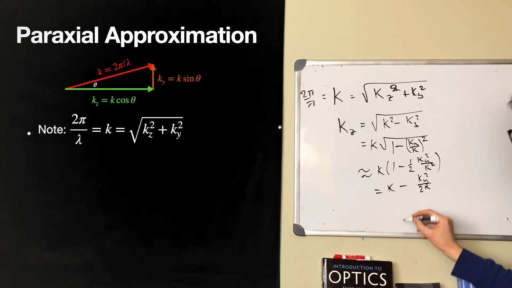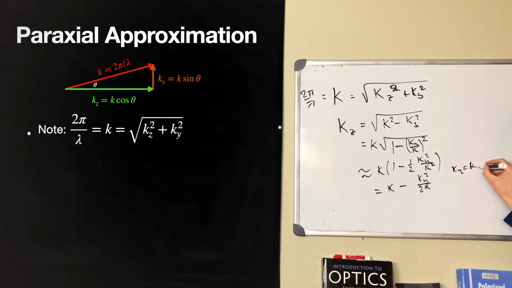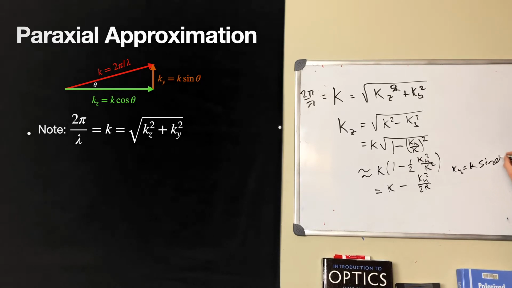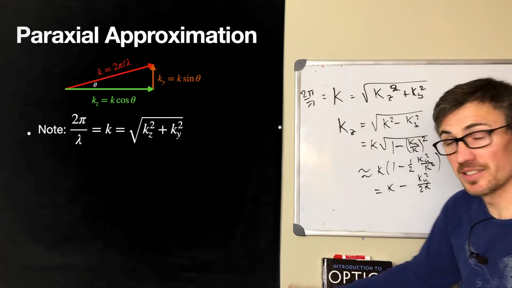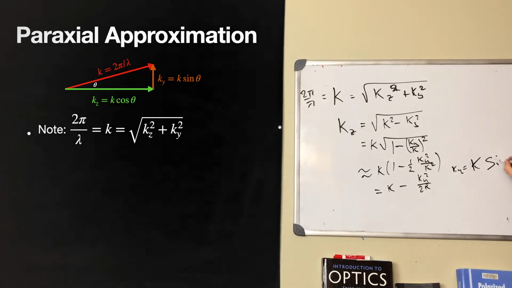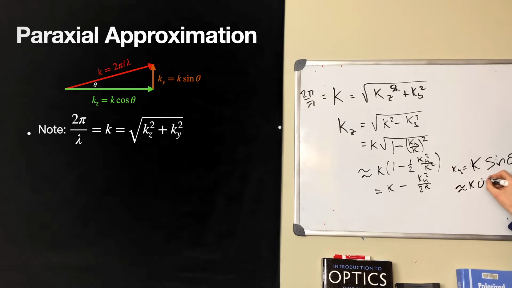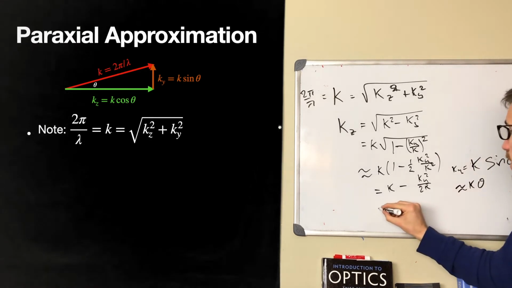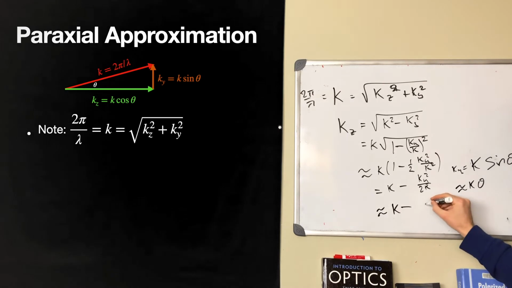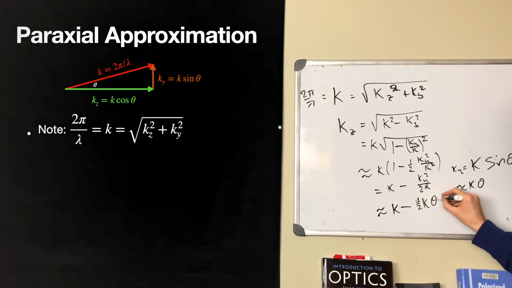Or, if you will, we can use ky is equal to k sine theta, and that's approximately equal to k theta. So this is approximately equal to k minus 1/2 k theta squared.